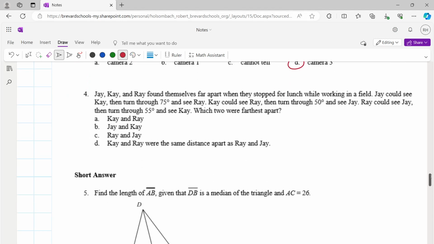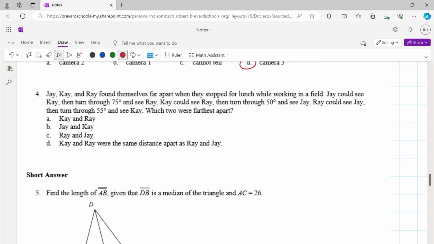All right, problem number 4 is another problem where we're going to be drawing a triangle. So it's talking about JK and Ray. So we're going to draw a triangle, label the vertices with a J, a K, and an R. And then the question says that J could see K, then turn 75 degrees to see Ray.